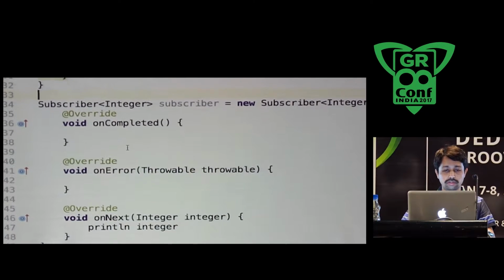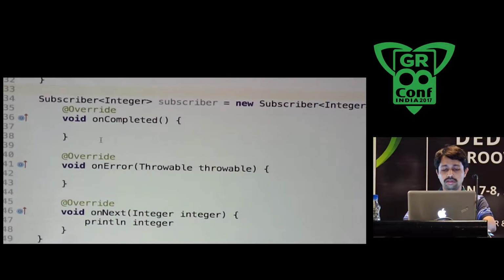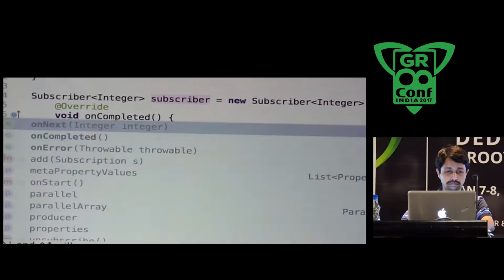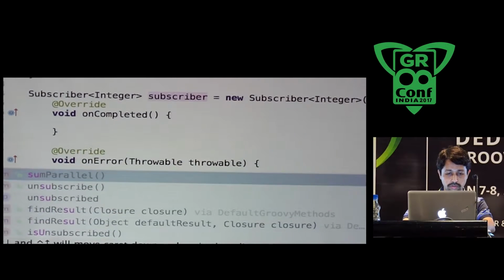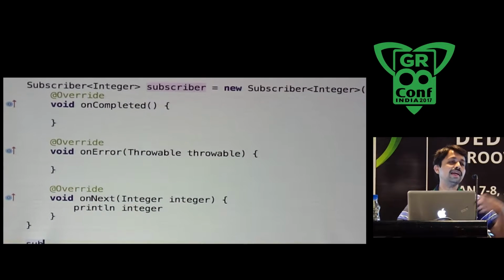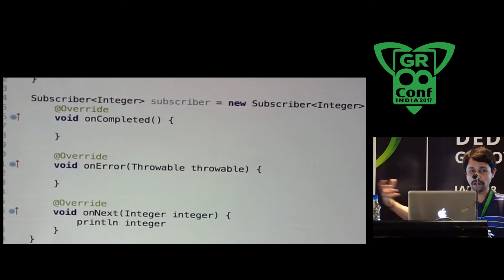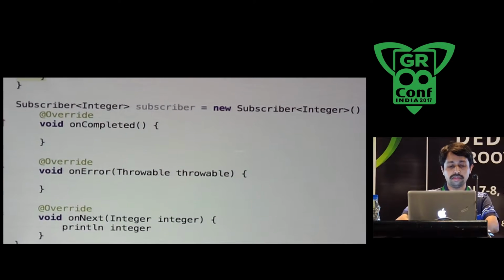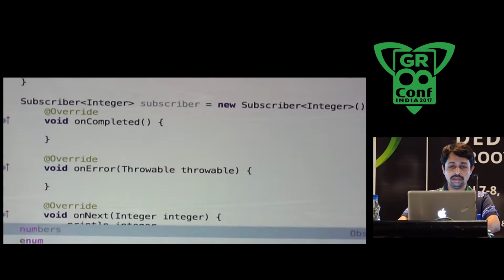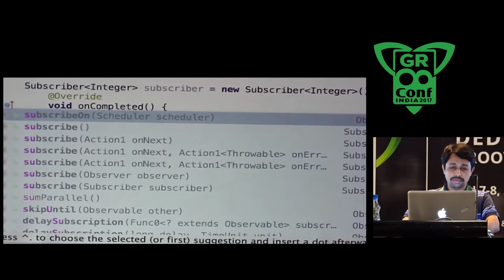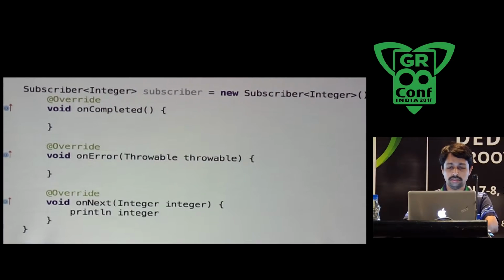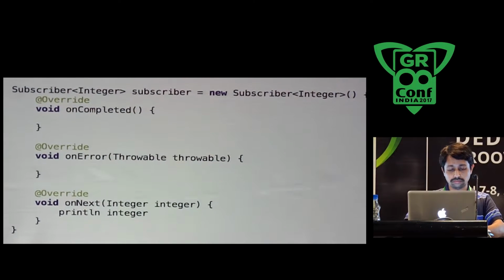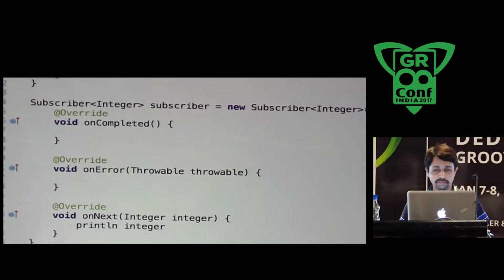Ignore the other two methods for the time being. So I've just created an observable and a subscriber. Now we have to link these two. I called it numbers, right? So numbers.subscribe, and you have to give a subscriber. Feel free to ask questions whenever you have. Let's see what happens.